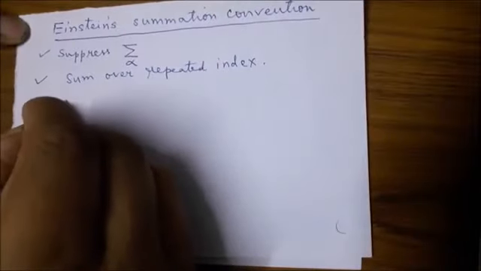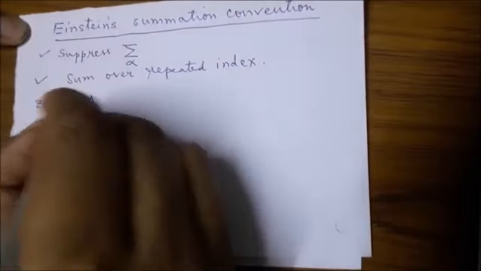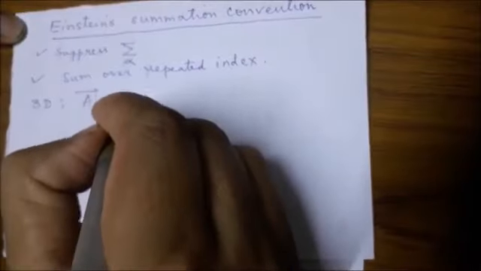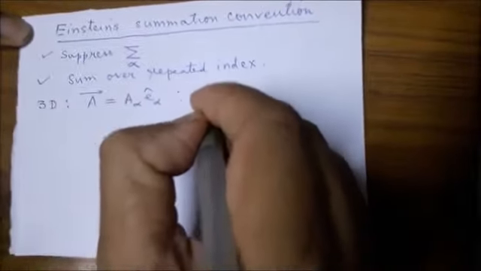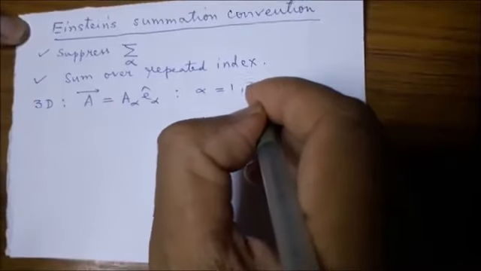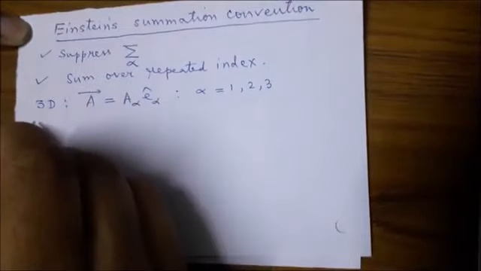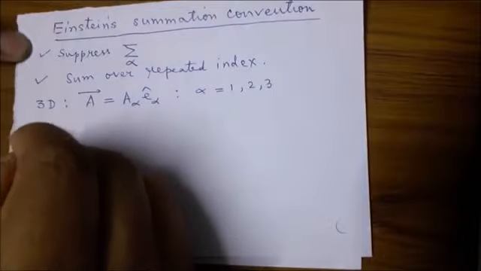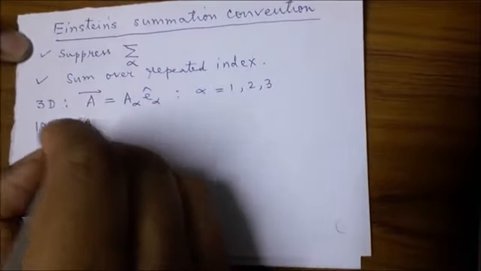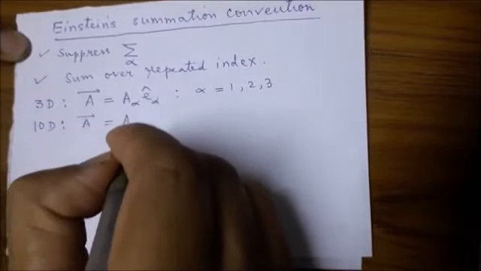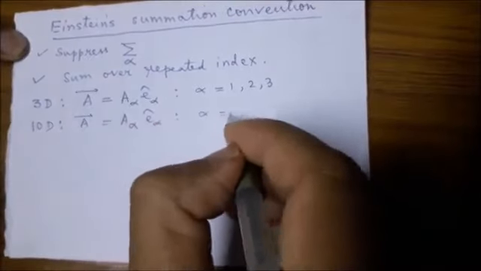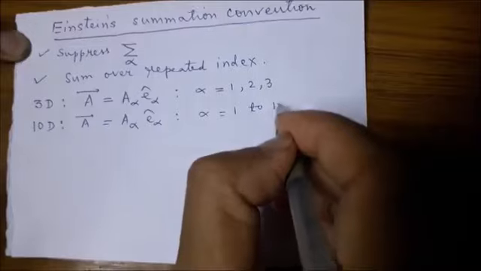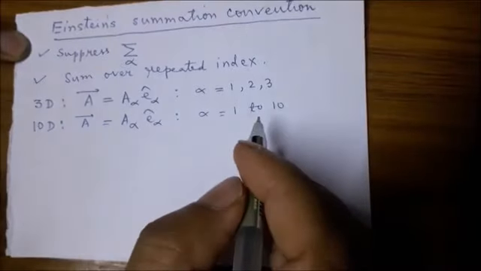In 3D, we can write vector A as A alpha, E alpha hat, where alpha runs from 1 to 3, and in say 10D, vector A can be written as A alpha, E alpha cap. That is the same expression where alpha runs from 1 to 10 and so on.